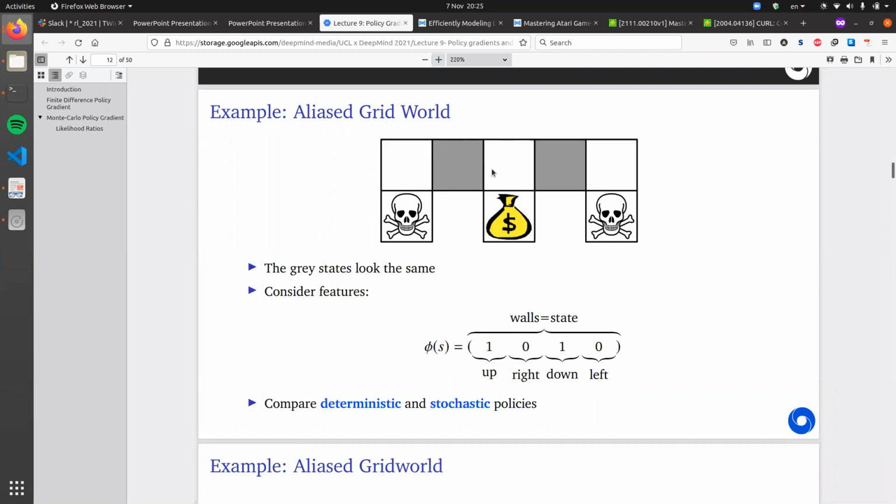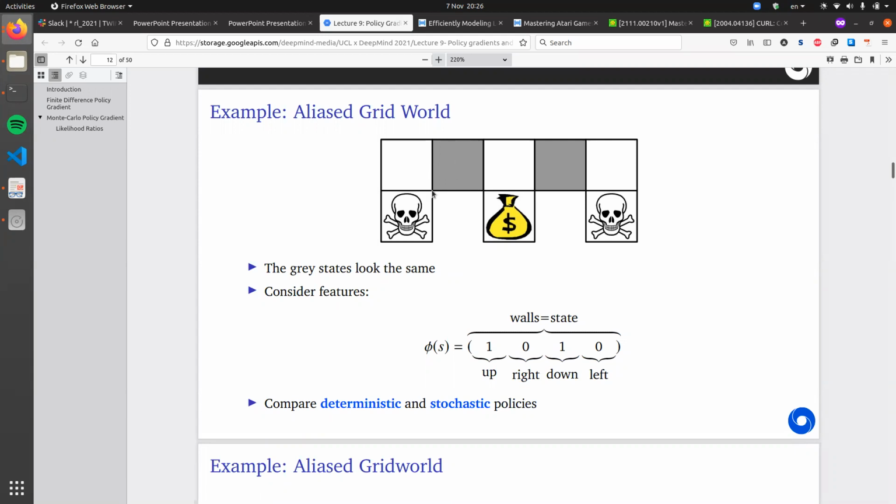So we have this grid world where the states are represented by a set of binary features representing walls that we can observe. Therefore, these two states shown in gray will have the same feature representation again.